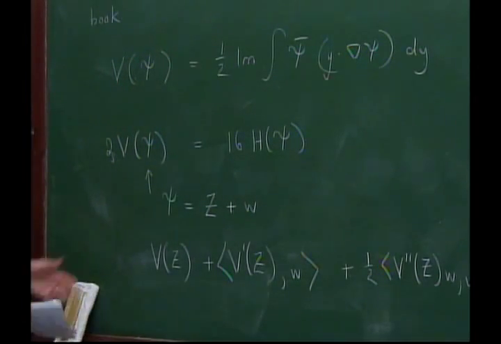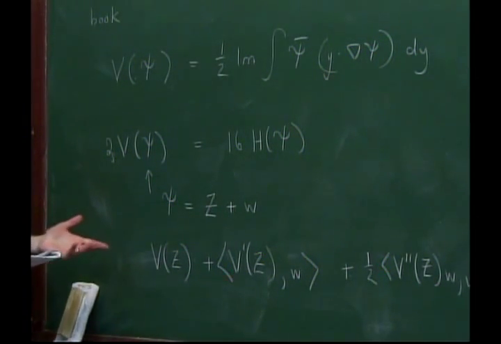So that's the Taylor expansion of the functional V with z as the base. All right, so there's the V of z, which you can compute.